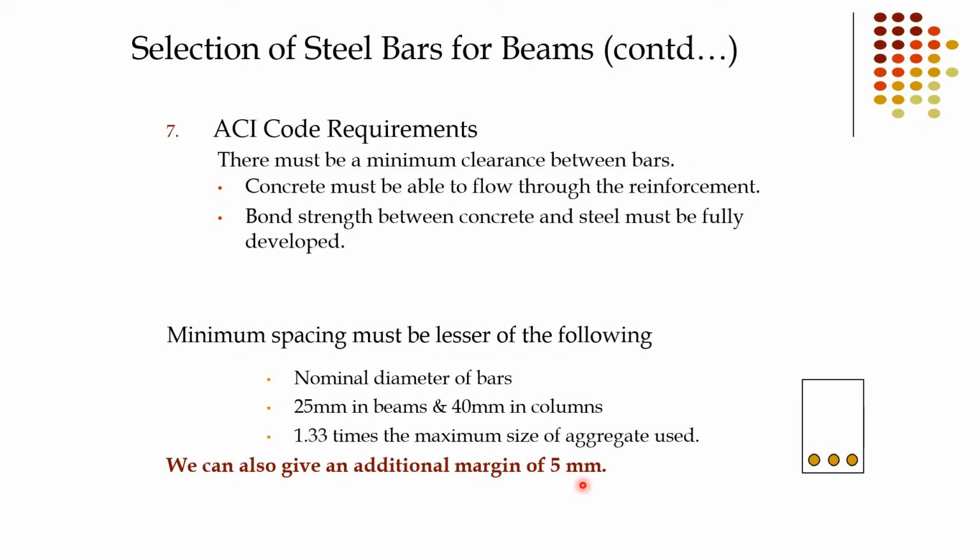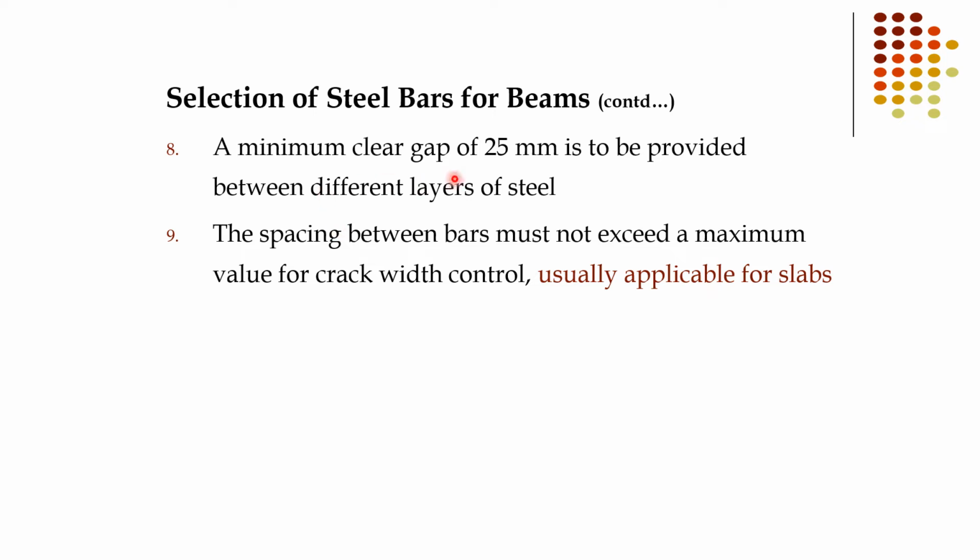For example, if you have selected 25 millimeter, then you can provide an additional margin of 5 millimeter, say 30 millimeter. These are the three requirements, but still a minimum clear gap of 25 millimeter is to be provided between different layers of steel.